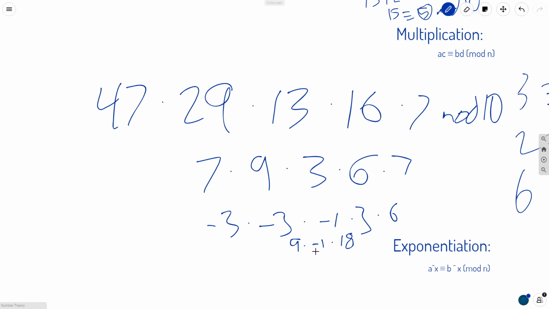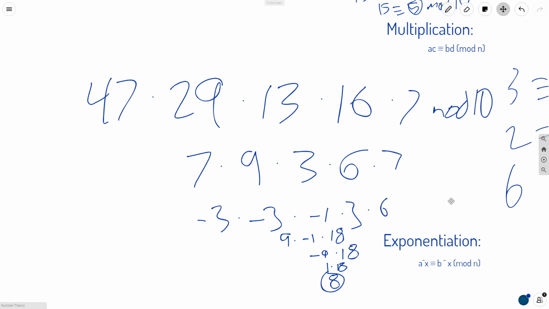So we end up with -9 times 18, and this ends up being a 1. -9 plus 10 gives us 1. So -9 is congruent to 1 mod 10, and we can just write it as 1 times 18, which is 8 mod 10. So we end up with the units digit of 8 in our product.